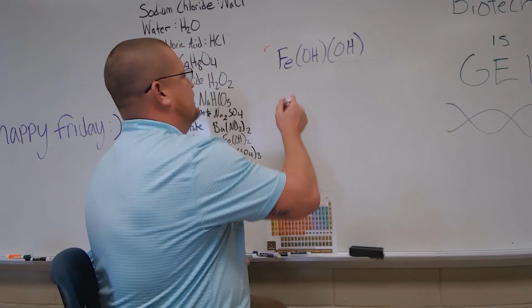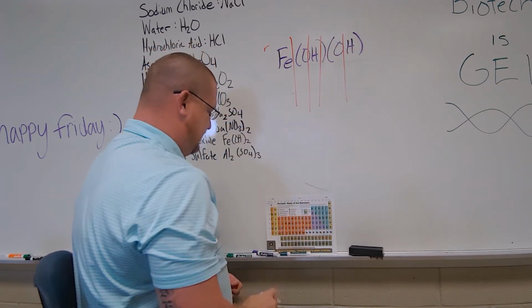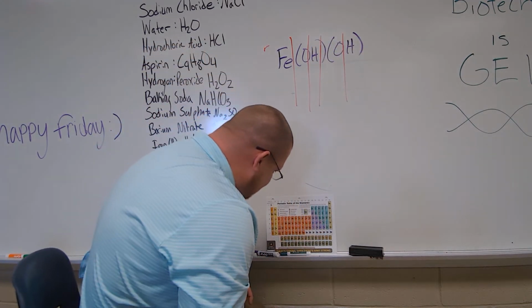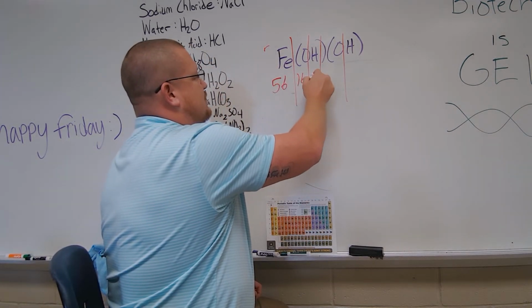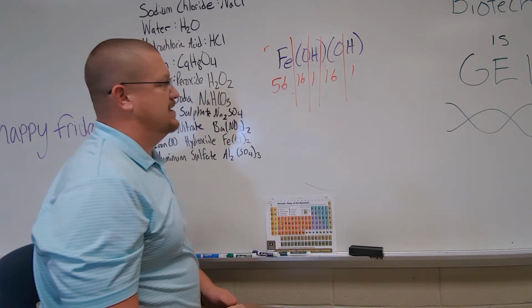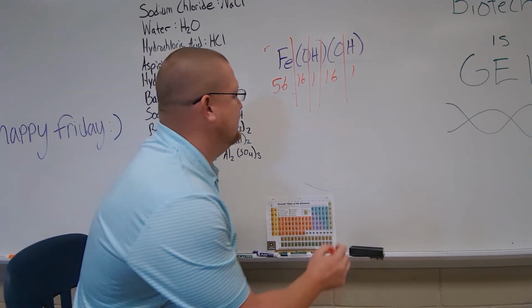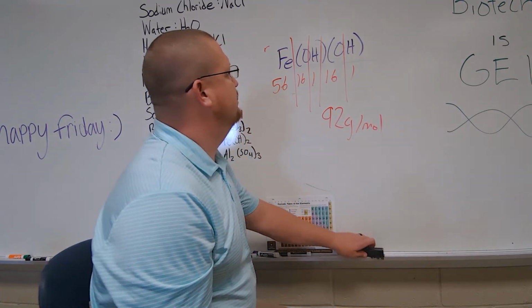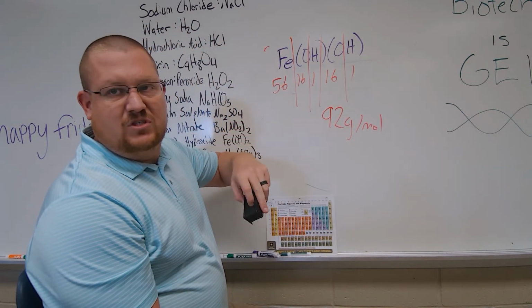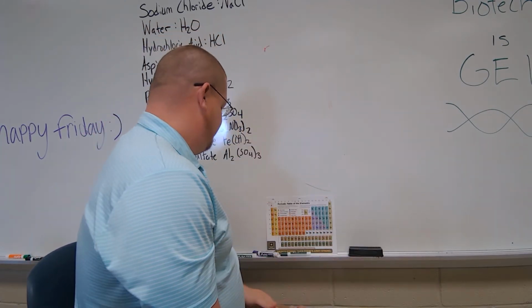We got 1 iron, 1 oxygen, 1 H, 1 oxygen, 1 H. Iron is 56, 16, 1, 16, 1. Right? We just add them all together and get, I believe, 92 grams per mole. It's just easier if you separate it for now, not have to worry about what that 2 does.